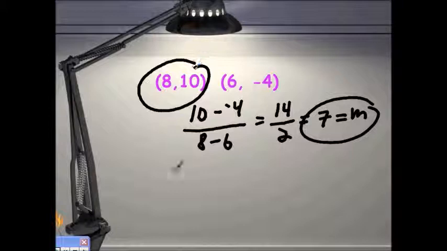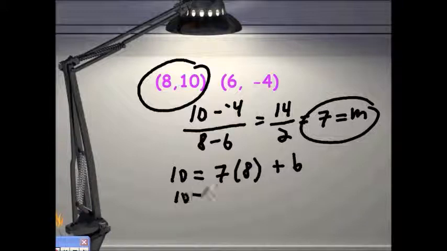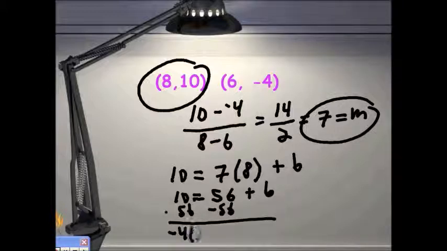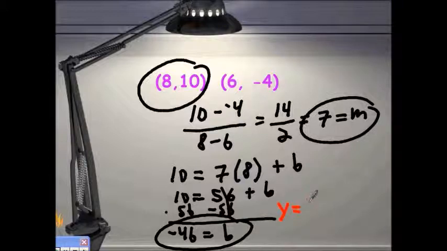Y equals m times x plus b. So now I'm ready to write my equation. Y equals mx plus b. So we can just write minus 46.